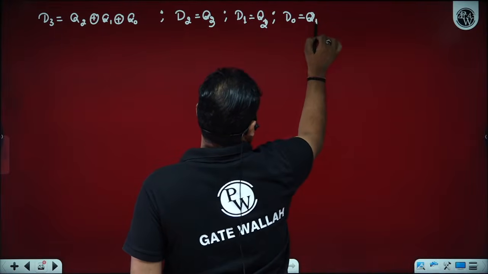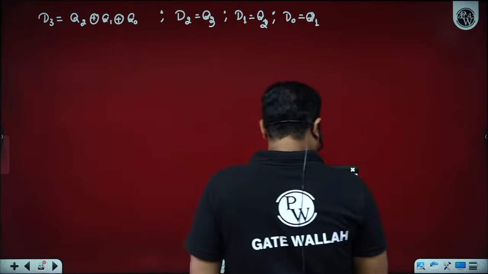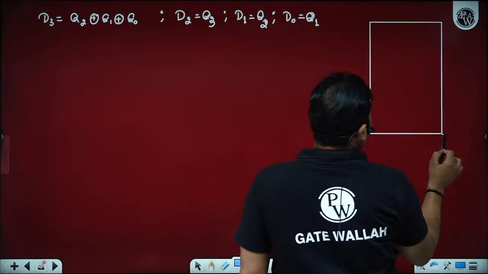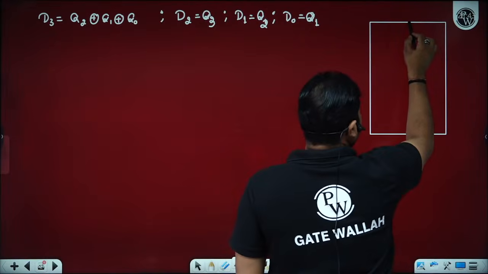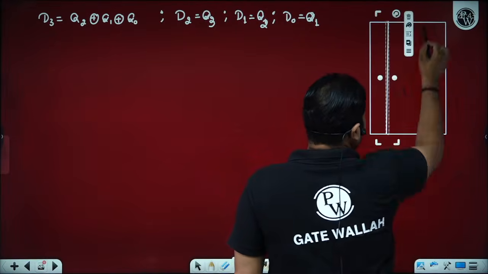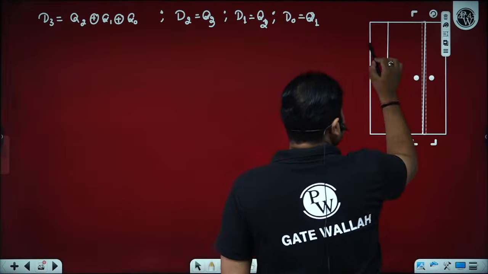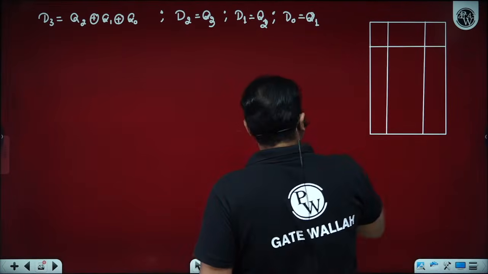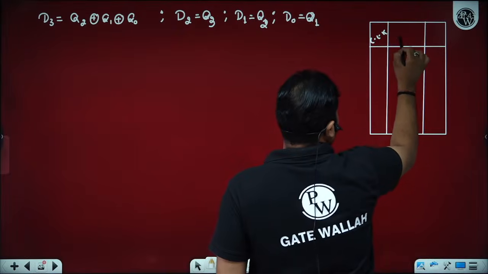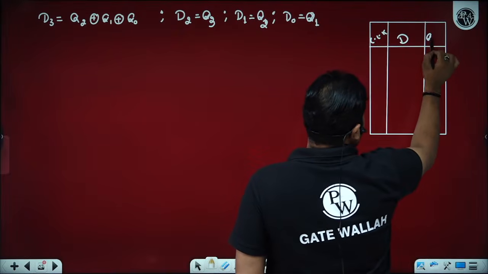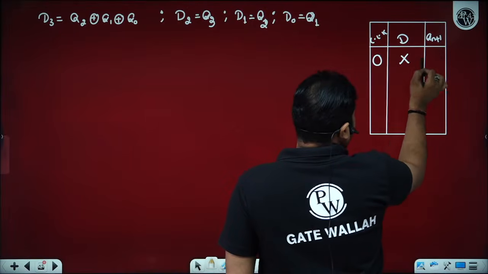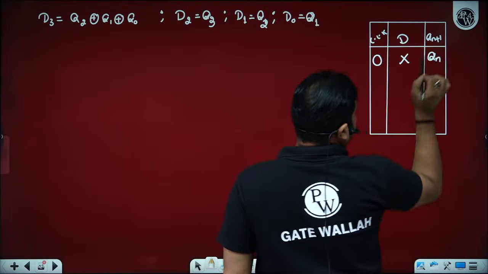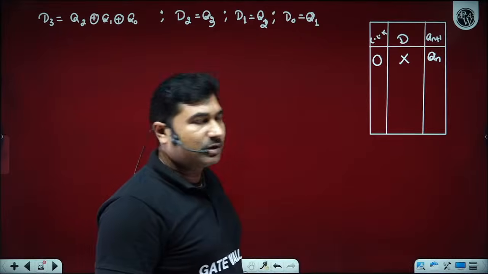Okay, yes, great. We all remember the D flip-flop truth table also, sir. I am just constructing that truth table in a rough portion with the clock, D, and output, the next state Qn+1. If there is no clock, irrespective of the data at the input, it will remain in the previous state, called Qn.